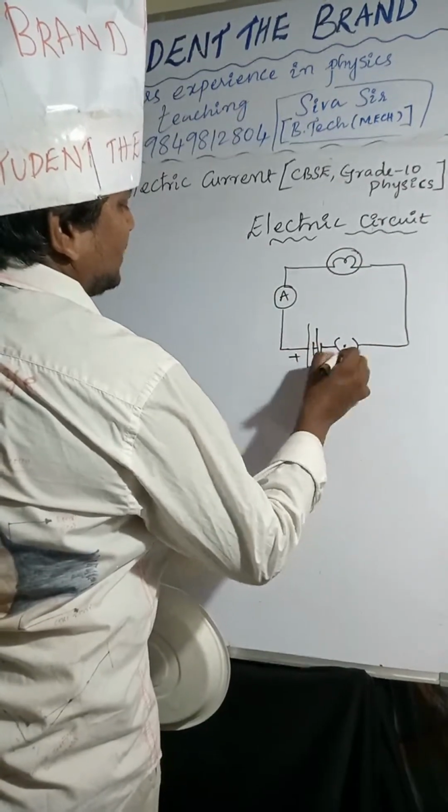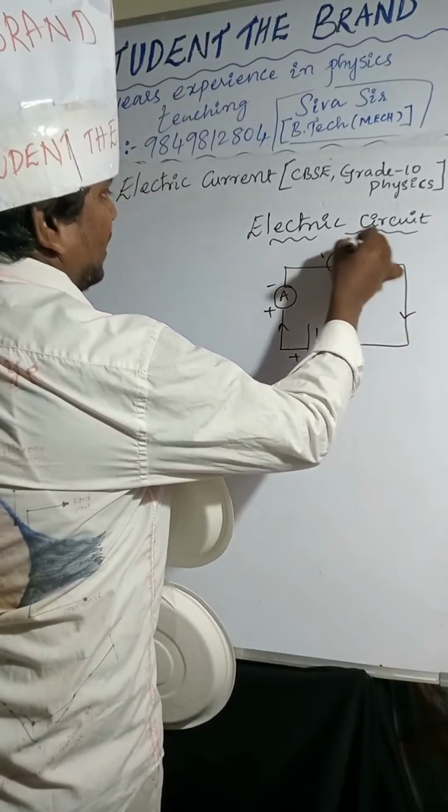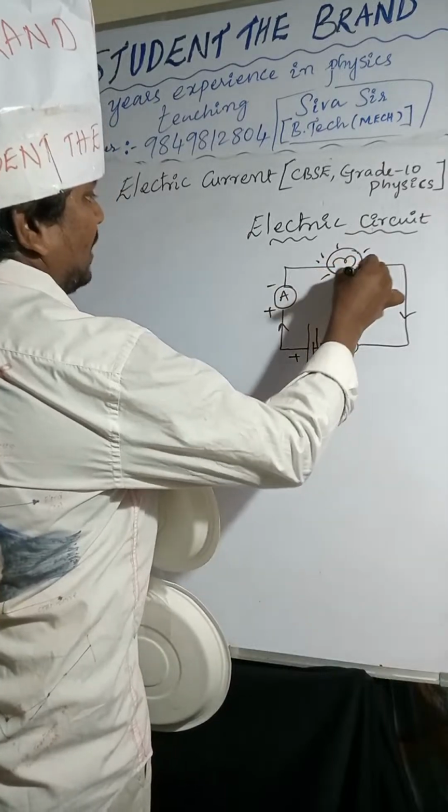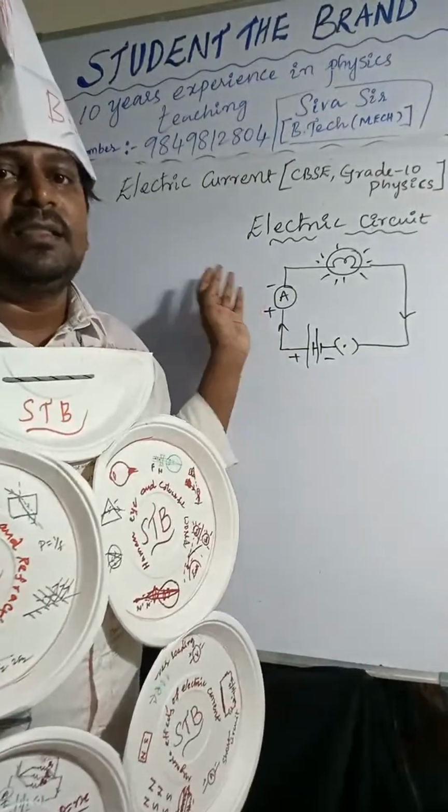So current is passing through here, from positive terminal to negative terminal. The bulb is glowing. You can observe here a continuous and closed path of an electric current.